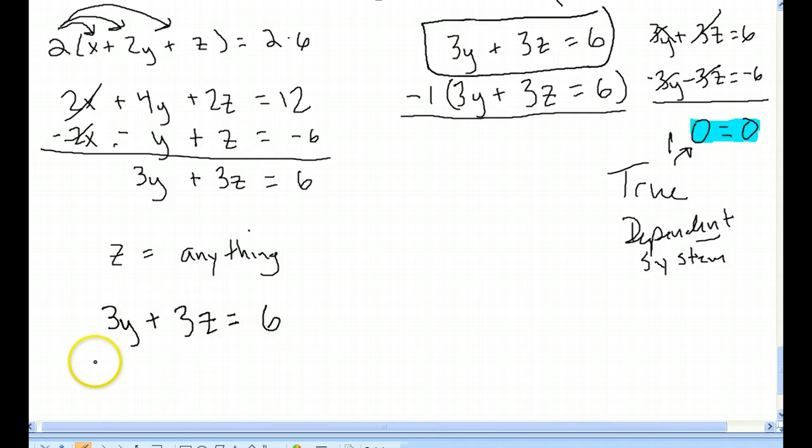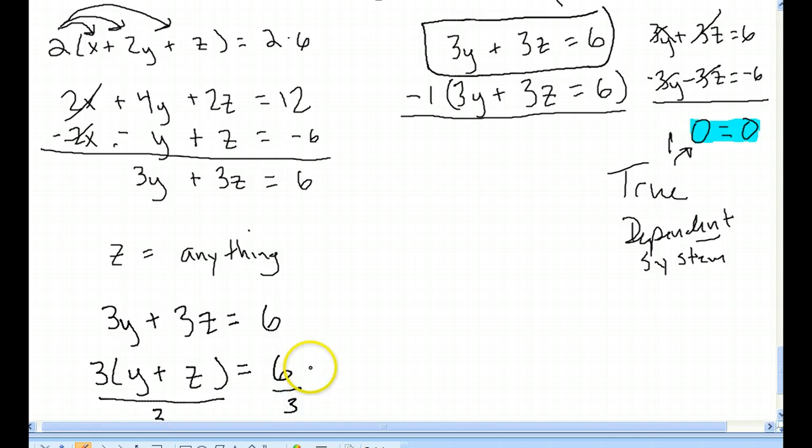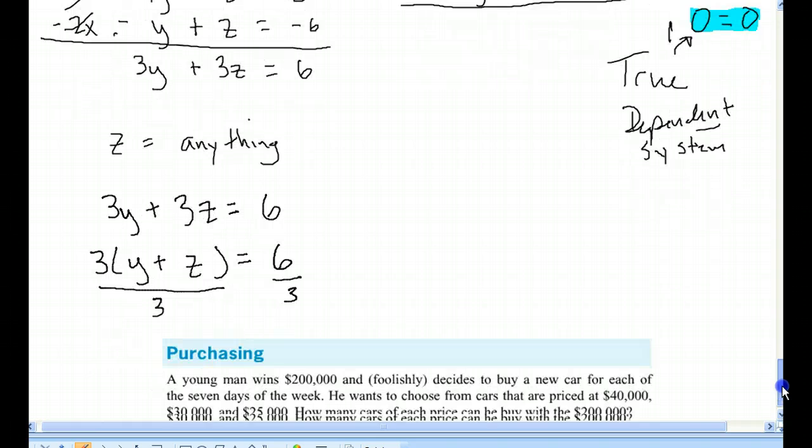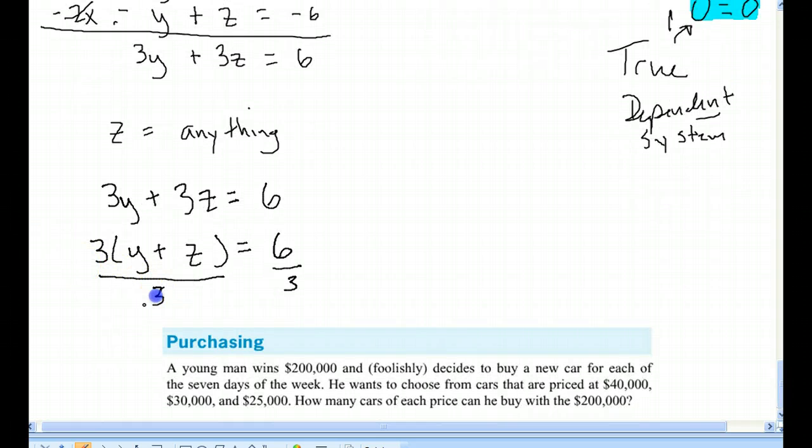If I pull out this common 3 that's common to both, I get 3 times y plus z equals 6. Divide away that 3. Alright, that gives me that y plus z is equal to 2. Alright, and now I can isolate y and have y in terms of z. So y is equal to 2 minus z.